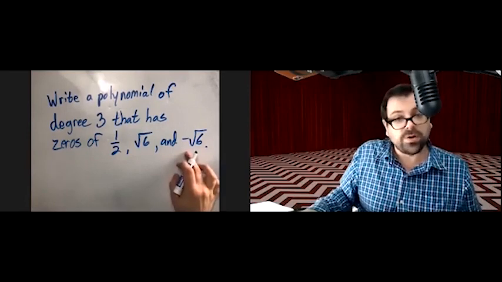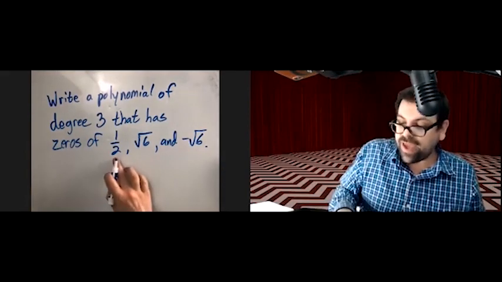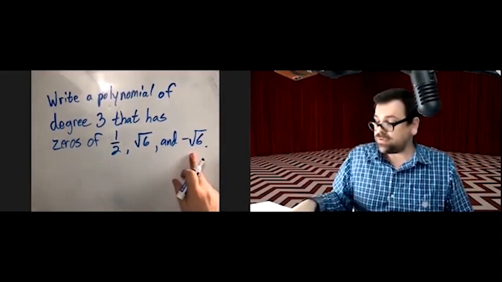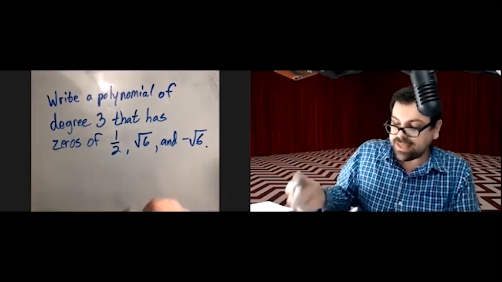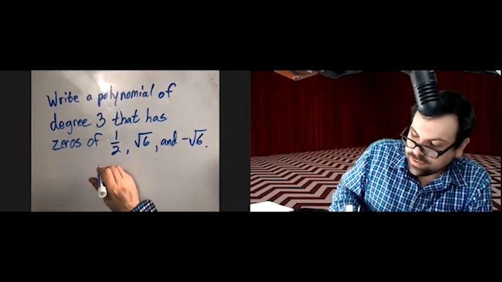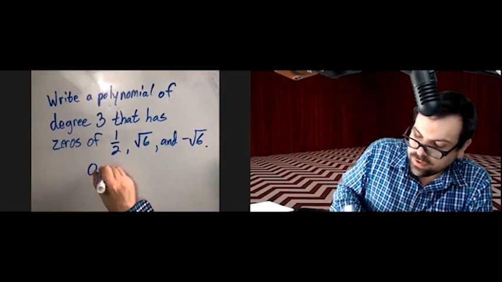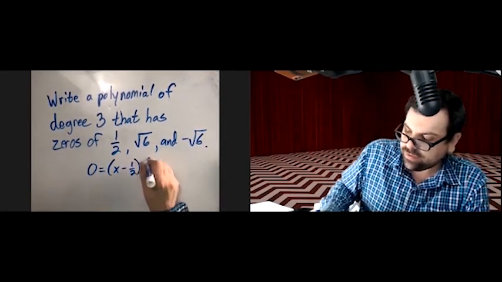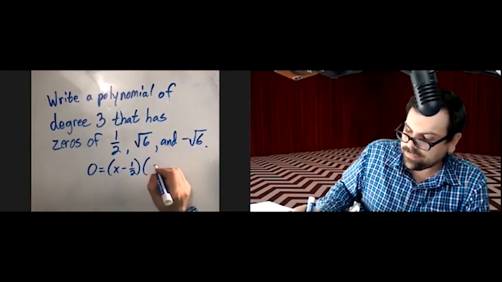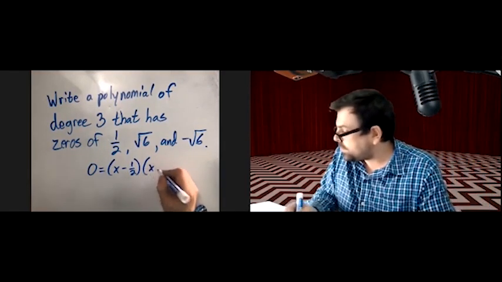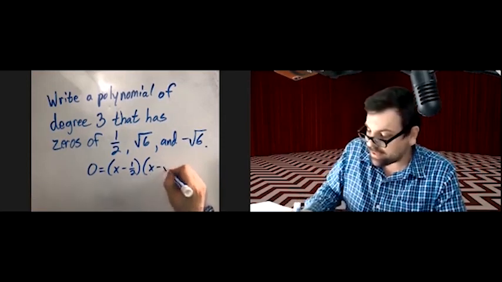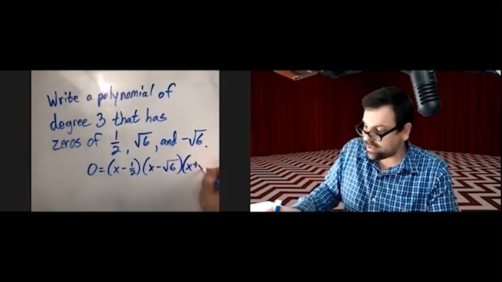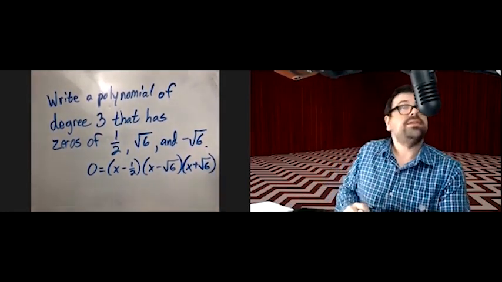If these are the zeros, then we have x equals 1/2, x equals radical 6, and x equals negative radical 6 as the answers to 0 equals x minus 1/2, x minus radical 6, and x plus radical 6.